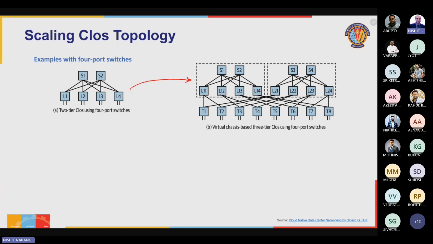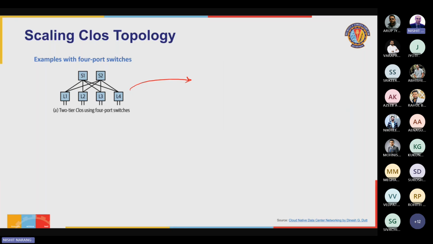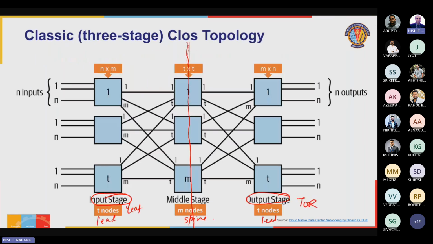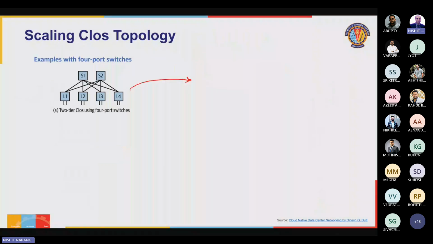But it is once again non-blocking. See, the classic class topology was built to be non-blocking. The term we use is non-blocking network topology. So there's always a path between any pair of nodes. That was the intent of the class topology originally.